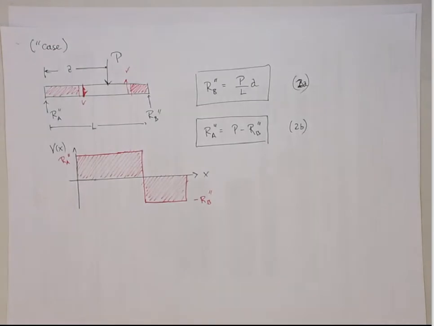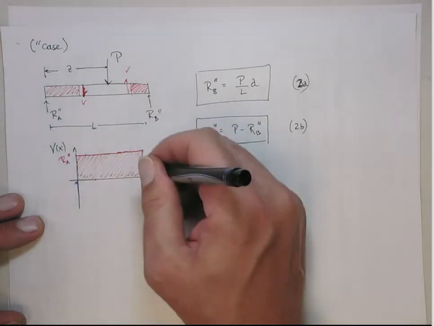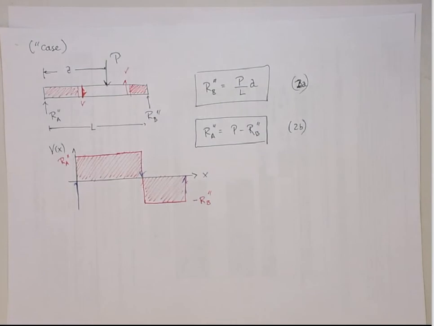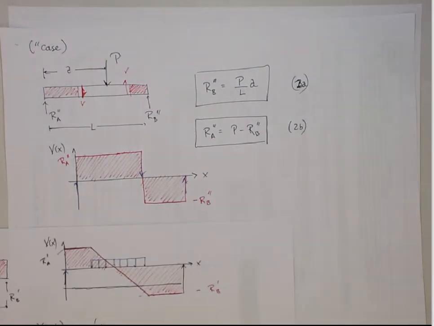I don't know which one is maximal yet. It depends upon the parameters that get plugged into the program. All right? So this is where the RA force is. Here's where P is located. And here's where RB goes up. And now you have to imagine the superposition of those two shear diagrams. And that gives you the total shear.